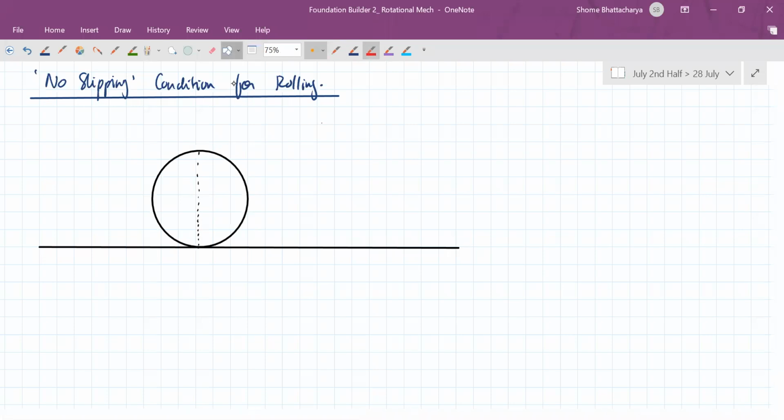The center of mass of this object has a linear velocity we are representing by this vector, let's say.